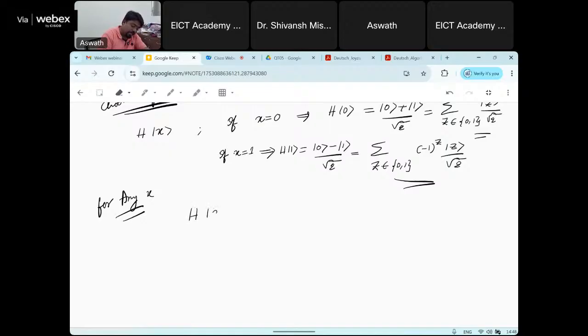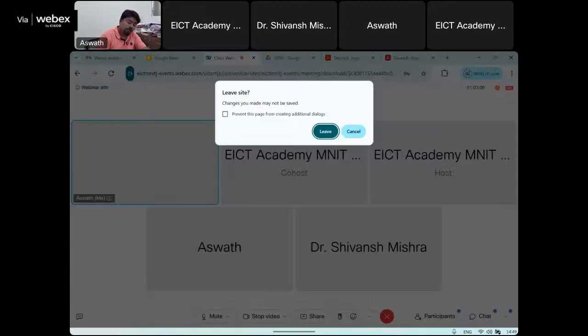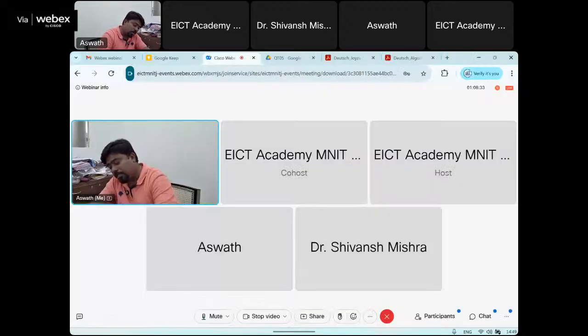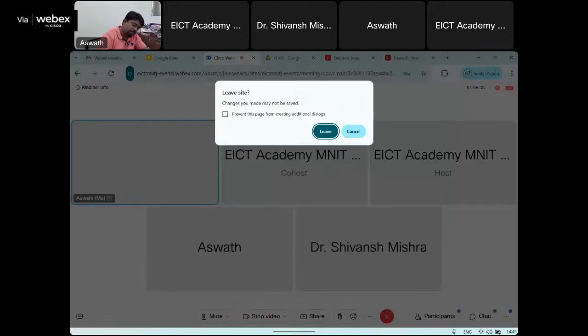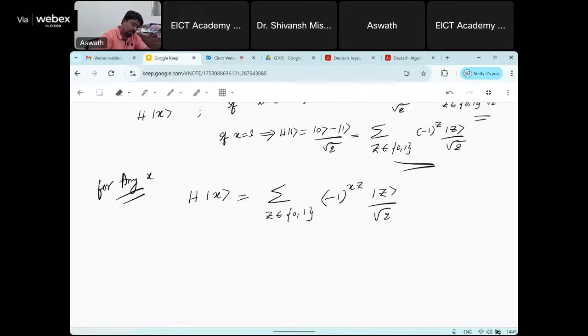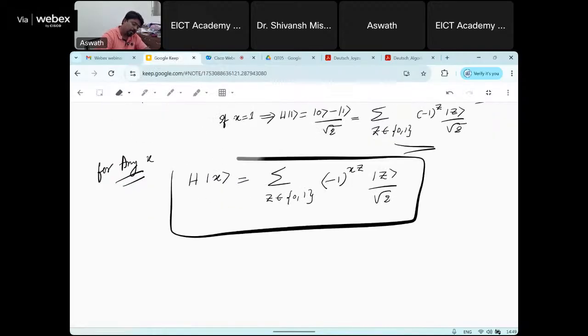H acting on x is equal to, carefully see, the summation over z belonging to 0 comma 1 of minus 1 to the power of x times z, z ket divided by square root of 2. This is the summarized notation I'll get.